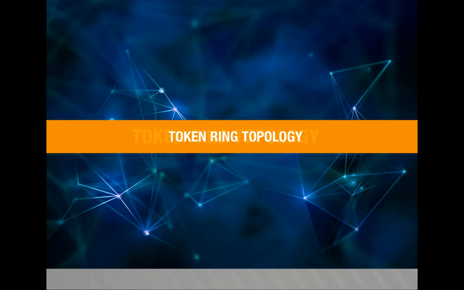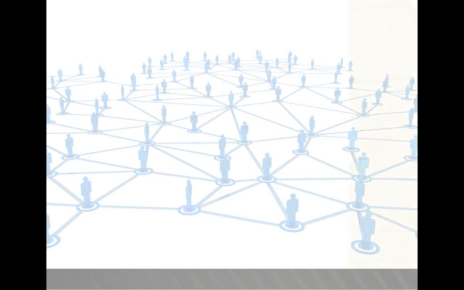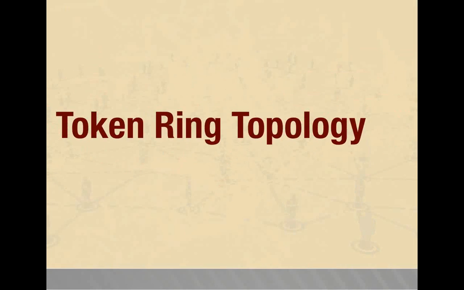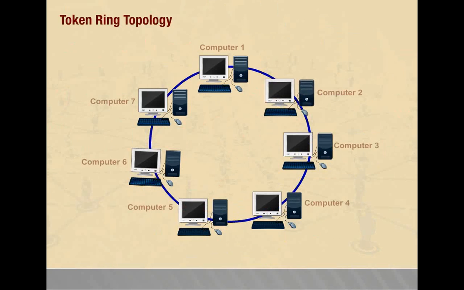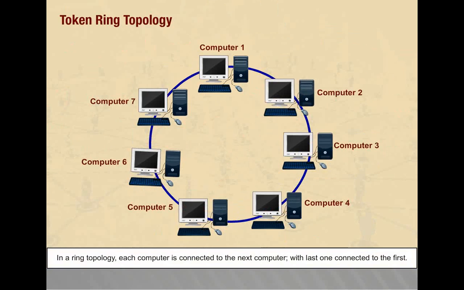Token ring topology. In this video, we are going to learn about token ring topology. In a ring topology, each computer is connected to the next computer, with the last one connected to the first. Data travel from node to node, with each node along the way handling every packet.